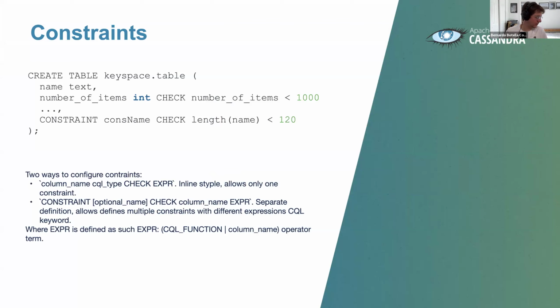The other one, and that would be the column type constraint, or the column level constraint, and we are also proposing a table level constraint, which is defined, as you can see here, after all the columns have been defined, and it starts with a constraint keyword, the constraint name, the check keyword, and then a function and the condition for that function.